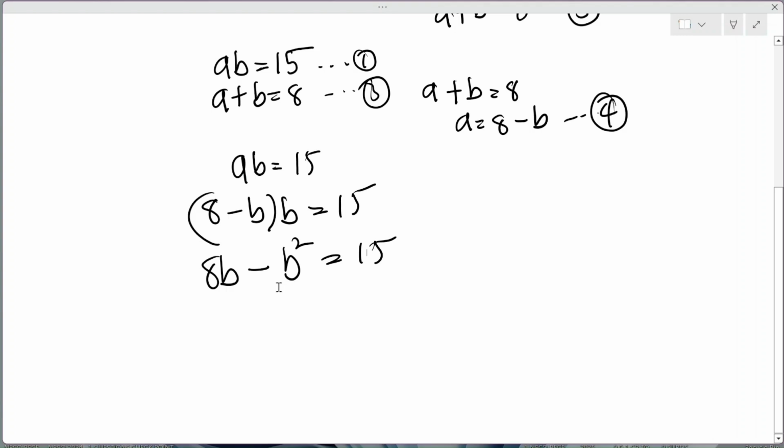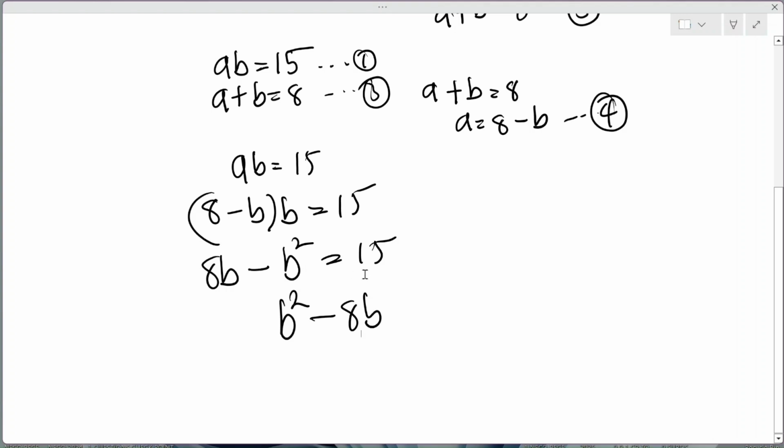I don't want my B squared negative, so I'm moving it to the right. I'm also moving this plus 8B to the right. If we move it over the equals sign to the right, you'll have plus B squared, because minus B squared crosses the equals sign and becomes plus B squared. We need to arrange it to look like a standard quadratic equation. Then the plus 8B crosses this equals sign and becomes minus 8B.